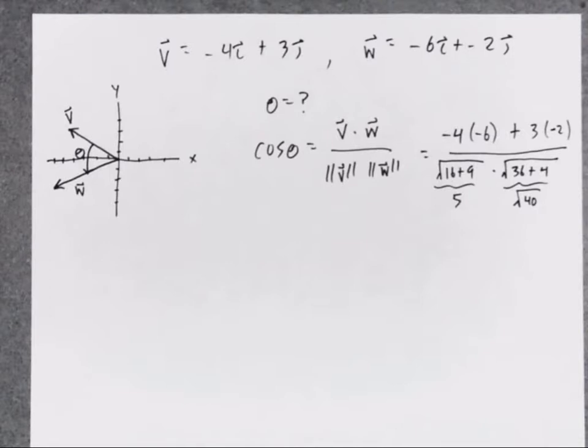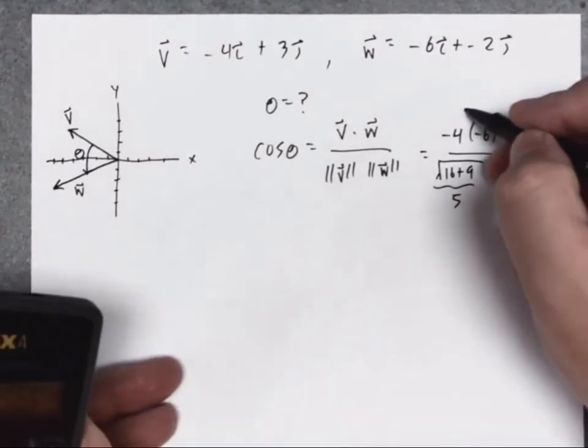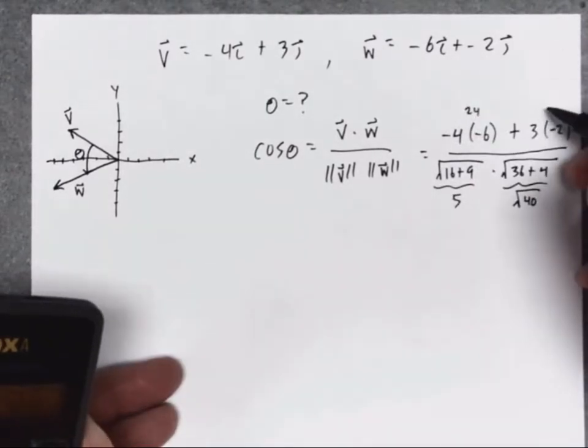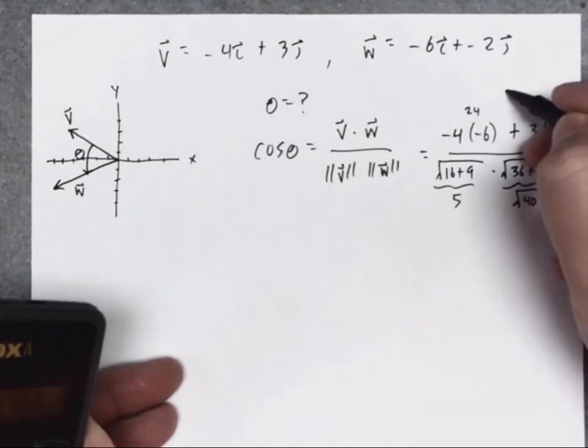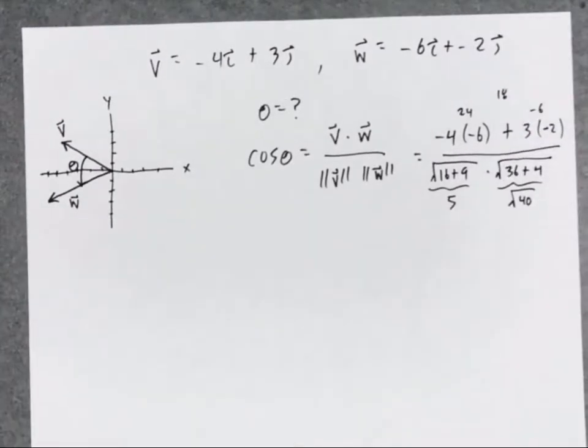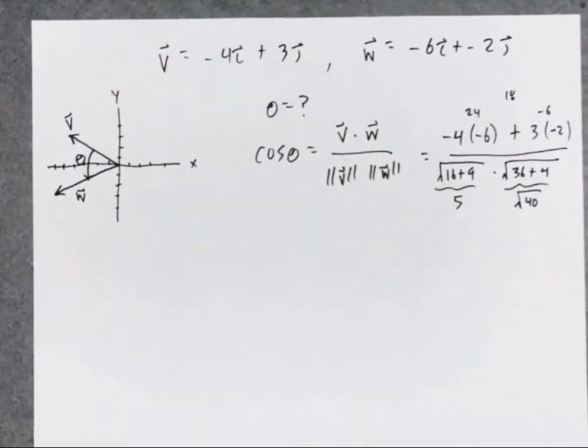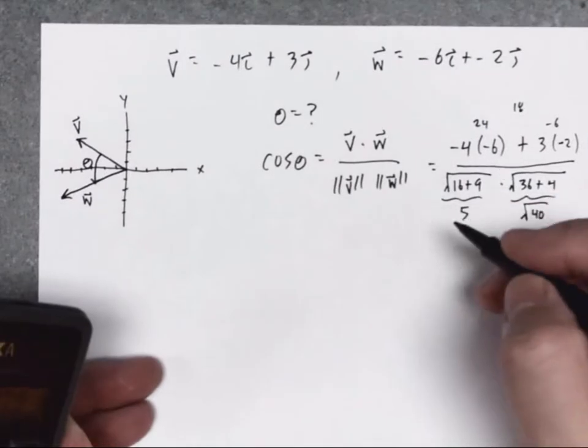So square root of 40 times 5 equals, and actually this is 24, this is negative 6, looks like the numerator is negative 18. That comes to about negative 0.57.